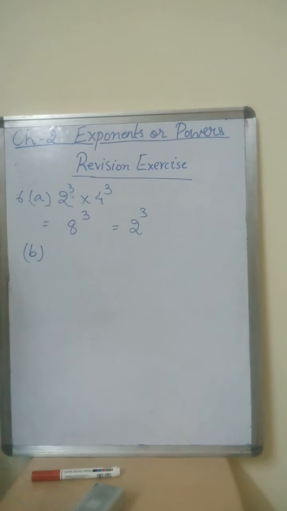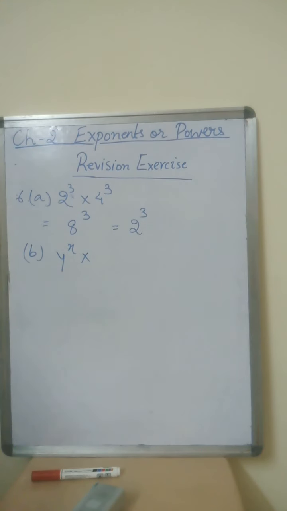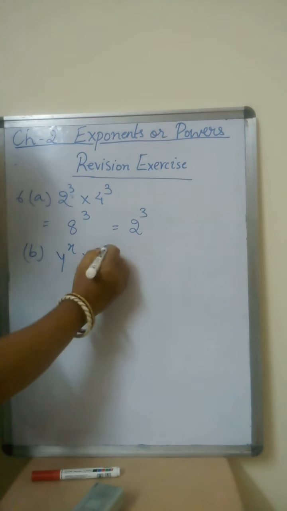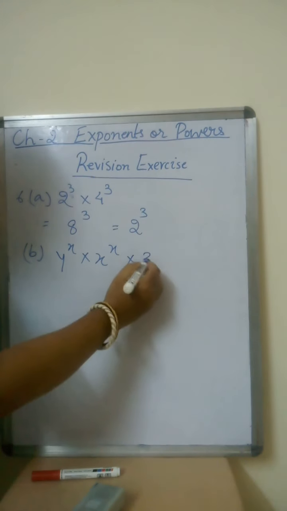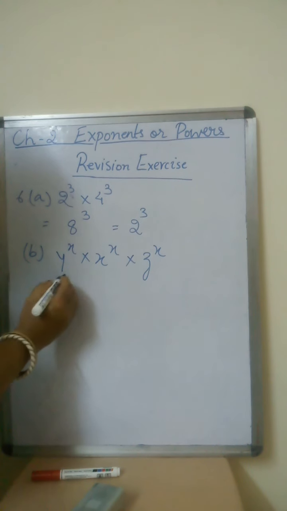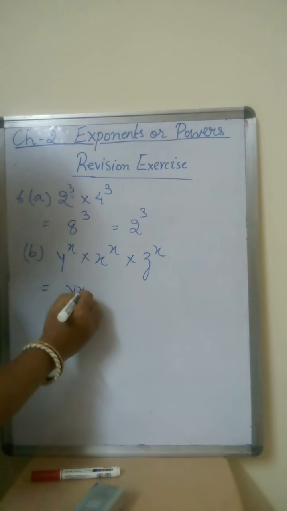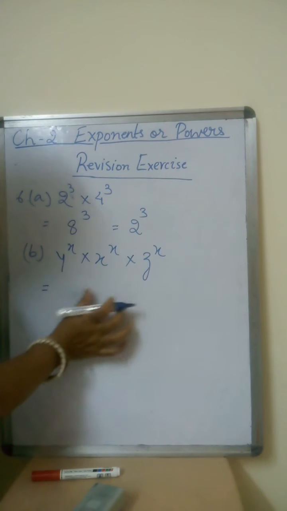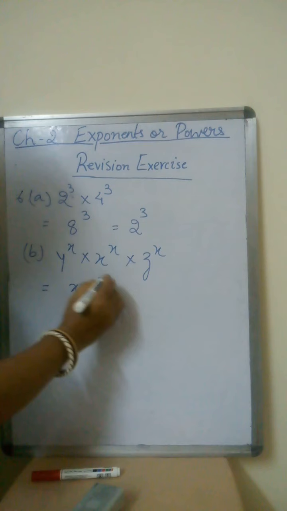Next we come to y to the power x into x to the power x into z to the power x. So here you see the power x is common. Okay, so what will be your answer? Your answer will be x y z, all to the power x.